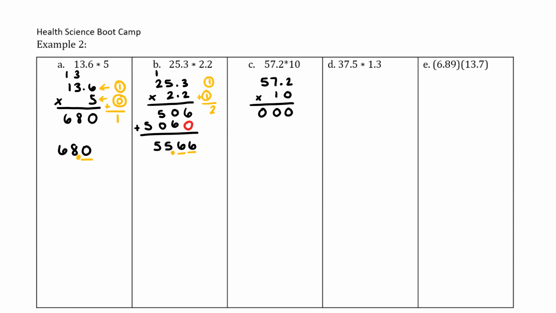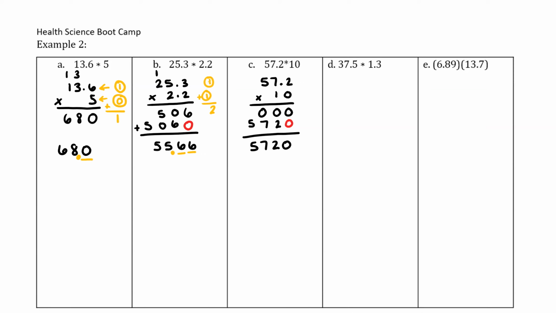Now I'm going to move 1 place over to the 1, so I'm going to put a 0 at the end, and I'm going to do the math again. 1 times 2 makes 2. 1 times 7 makes 7. And 1 times 5 makes 5. Do the math, and I have 5, 7, 2, 0.